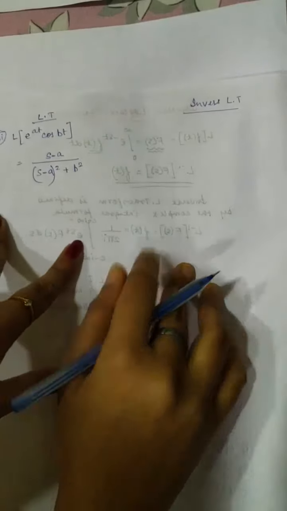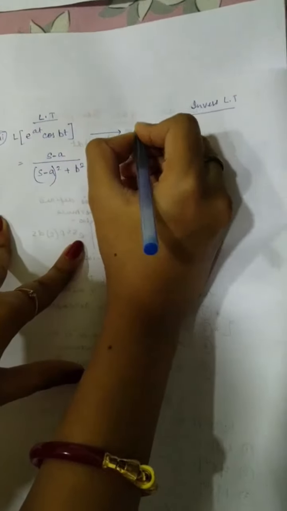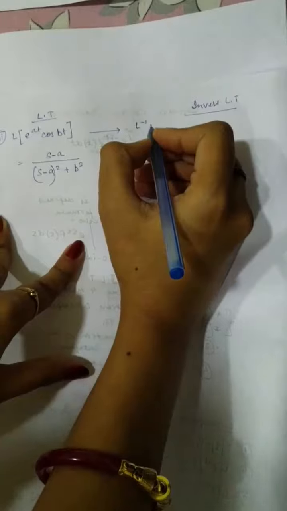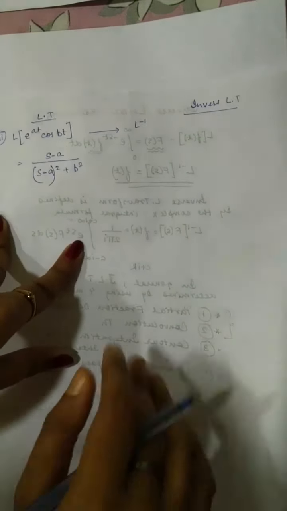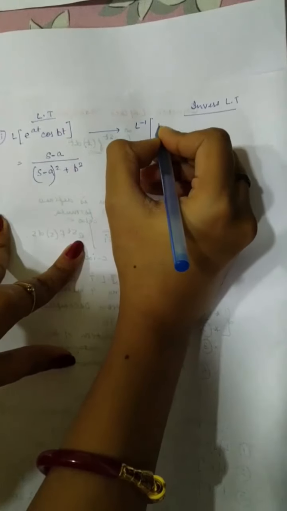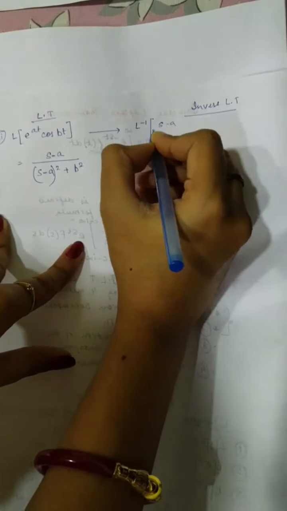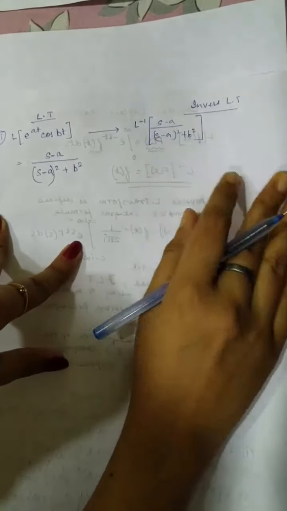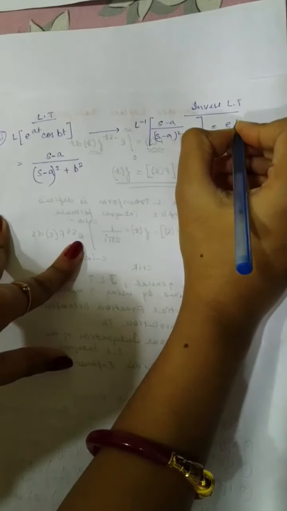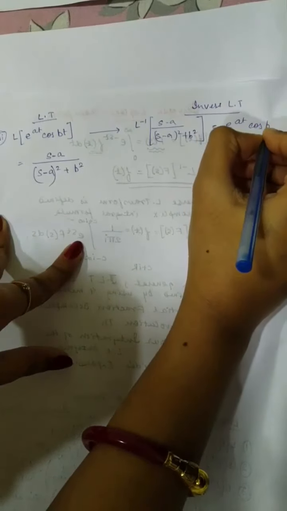So this is the Laplace transform of e to the power at cos bt. From here obviously we can write the inverse: the inverse Laplace of s minus a divided by s minus a whole square plus b square gives you e to the power at cos bt, right?